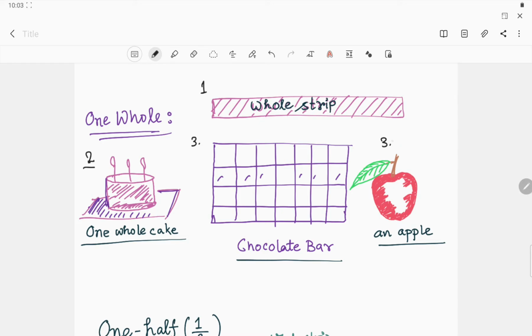Similarly, third, an apple, a whole apple which is not divided. Okay, so these are all examples of a whole, that means one. It represents one part, it is called one whole, right?